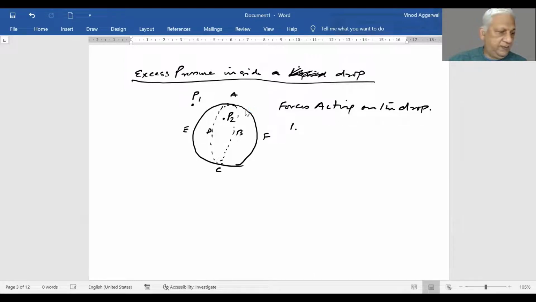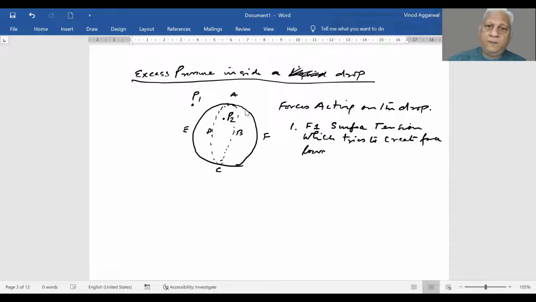First is F1, surface tension, which tries to create force toward the center of the drop.